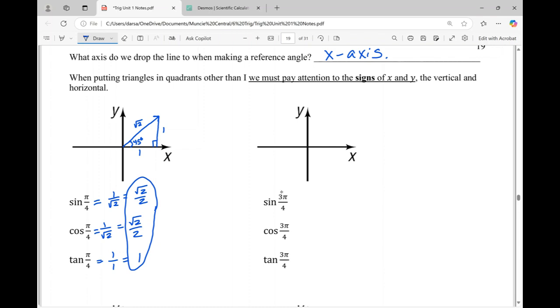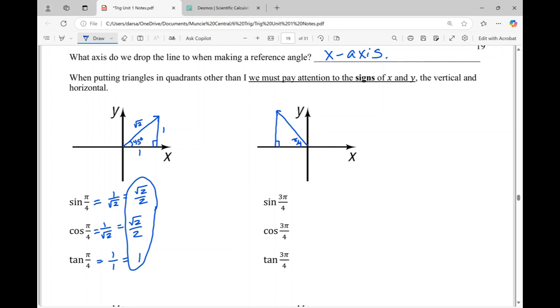But if we look at our next angle here, 3 pi over 4, well, that's the denominator minus 1. So that tells me that it is in the second quadrant. I'm going to drop a perpendicular from that terminal side. And again, our reference angle here is going to be pi over 4, or 45 degrees.